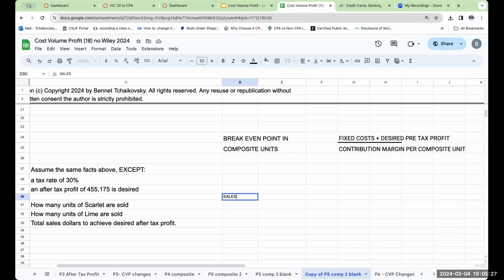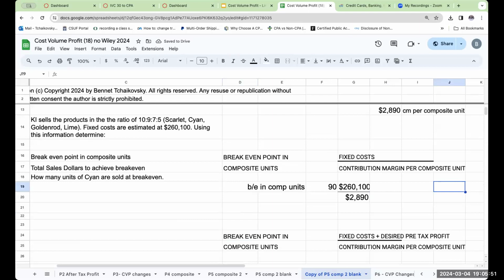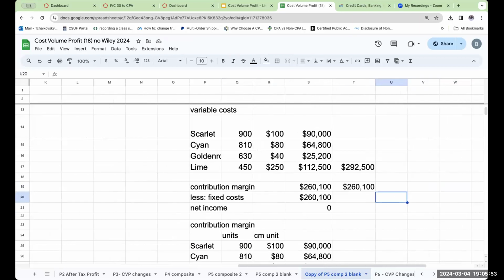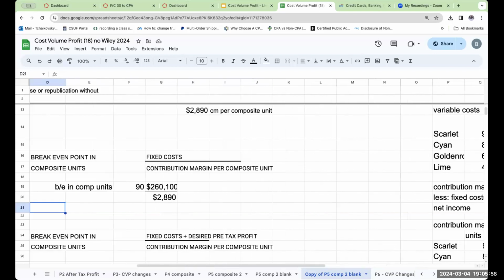we have our sales, we have our variable costs. This is going to give us our contribution margin. And then we say less our fixed costs. This is going to give us our net income pre-income taxes. Now, when we were doing break-even, we had this 260,100. Break-even means it equals zero.